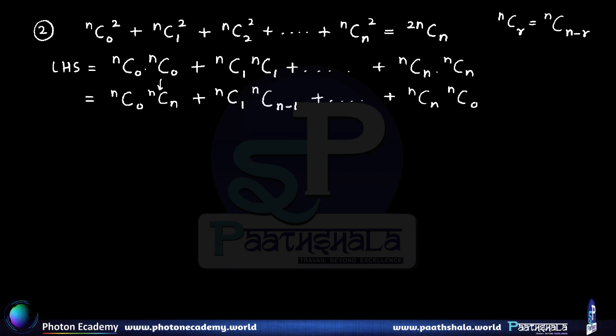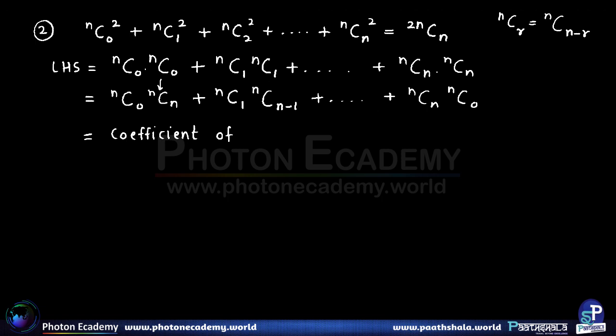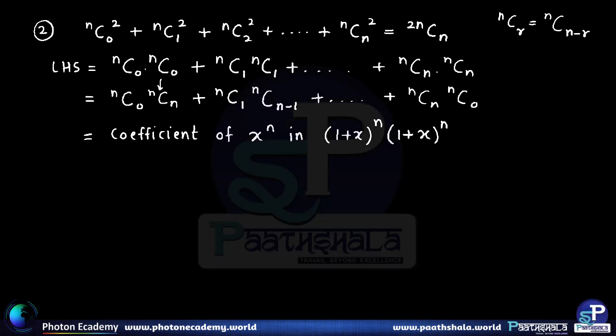Right? So now this further is equal to, as we have seen in the previous result, the coefficient of x raised to n, because now we are talking about all the terms from nC0 to nCn in the product of (1 plus x) raised to n as well as (1 plus x) raised to n, because in both of the cases we have top numbers equal to n.